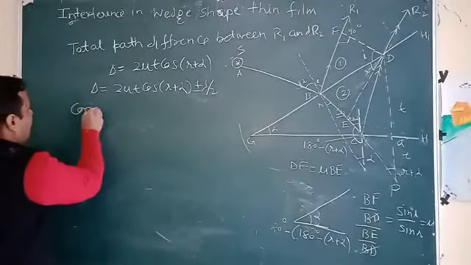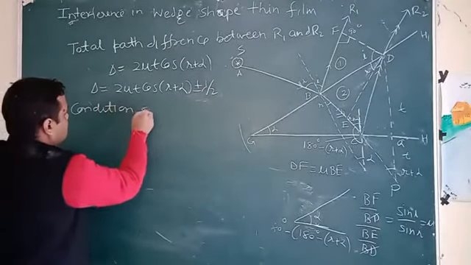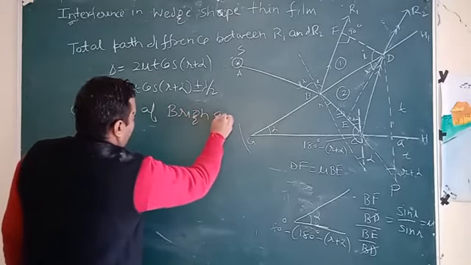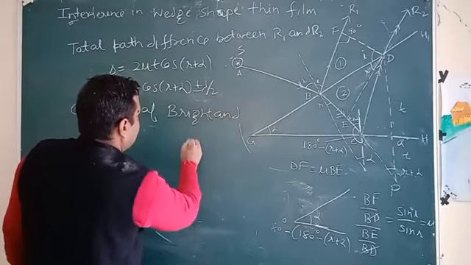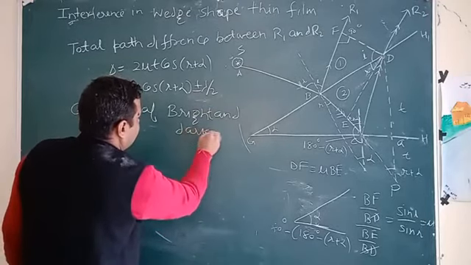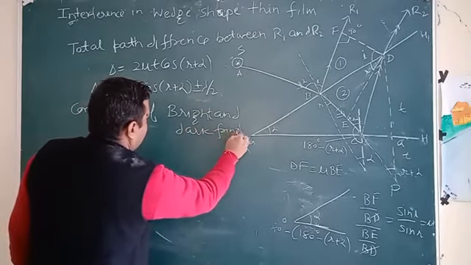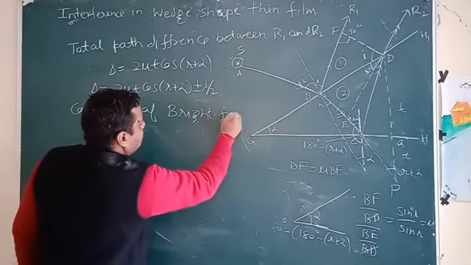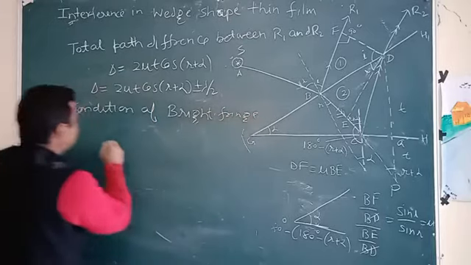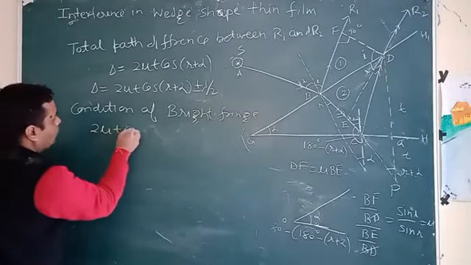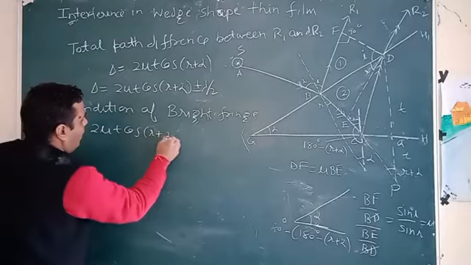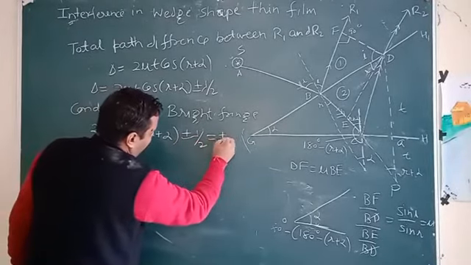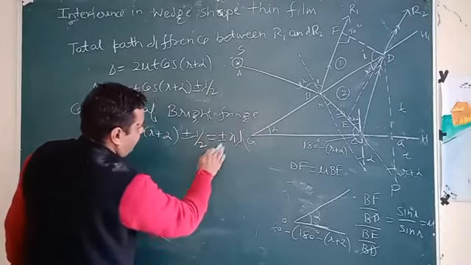Now the condition of bright and dark fringe. First, in case of bright fringe, the total path difference 2 mu t cos(R plus alpha) plus or minus lambda by 2 is equal to plus or minus n lambda.